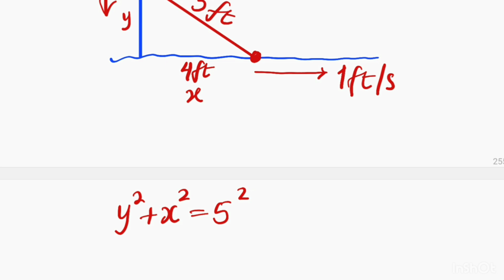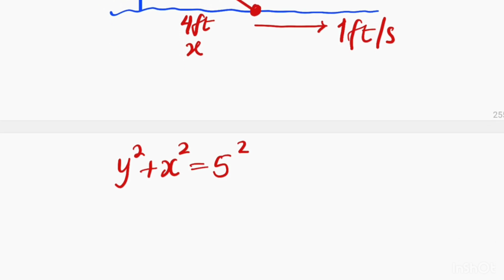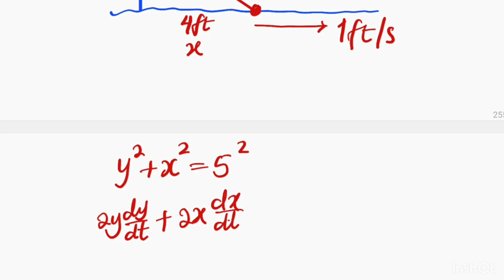Now we are going to differentiate every single term. If you differentiate this with respect to t, applying chain rule, you have 2y dy over dt plus 2x dx over dt. Because we are differentiating with respect to t, you have to apply chain rule. The derivative of a constant is 0.